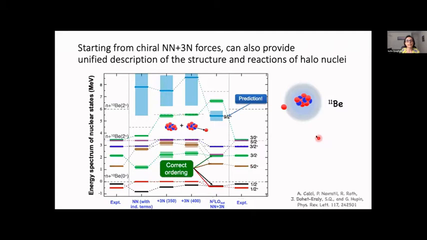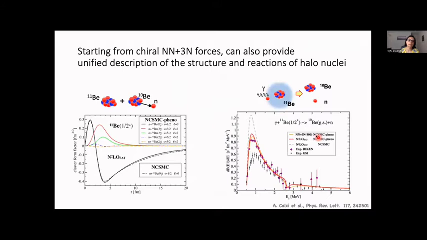And so once again, we find the correct ordering, and once again we can use a little bit of phenomenology to actually get the phenomenological binding energy of beryllium-11.